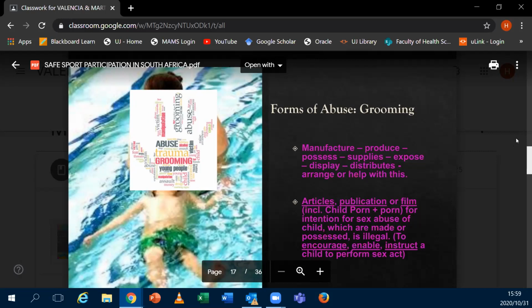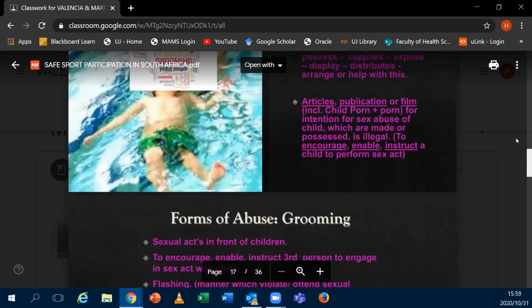What is happening with the coaches, the managers, the management team, and your athletes at all times? So again, it's something that nobody likes to talk about, but we have to have these conversations, and we have to call up the people that are involved and make sure that we're creating safe spaces for our athletes.